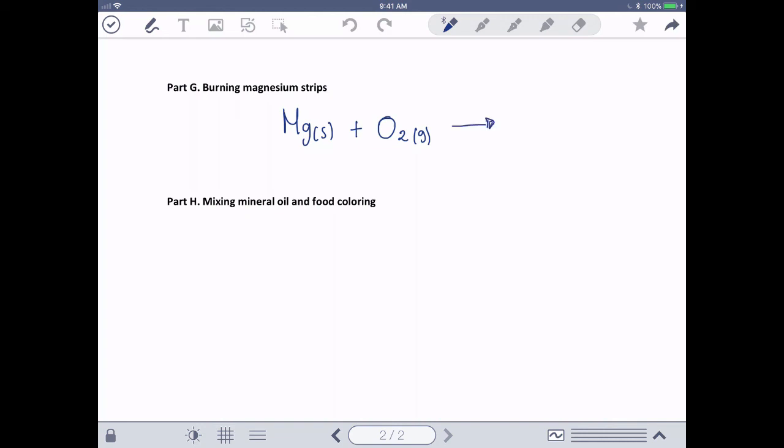When they combine, they form magnesium oxide, which is a solid too. And then we're going to form 2 moles of this and 2 moles of this.